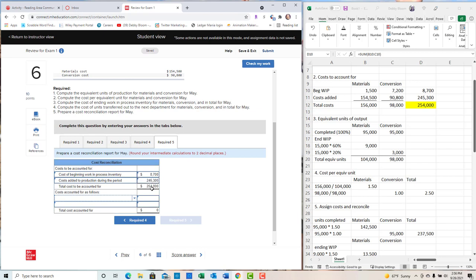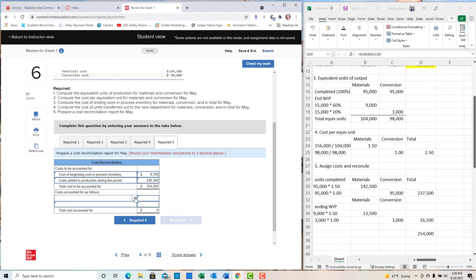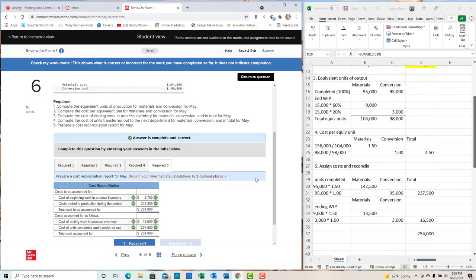So as we calculated before, there's $254,000 of cost to account for. The cost as accounted for, cost of ending work in process inventory, that is the 16,500, and the cost of units completed and transferred out, 237,500. We reconcile at 254 and 254, and we have now completed our final problem in the practice exam.